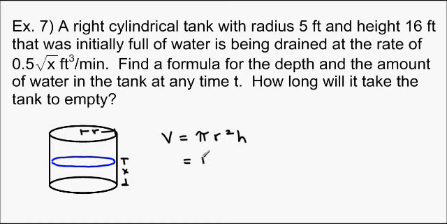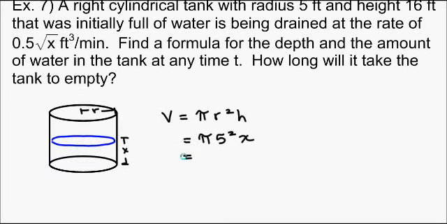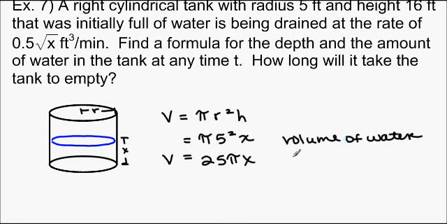So pi 5 squared h, or not h, sorry. Our height at our time is x. So volume is 25 pi x. So this is the volume of water in the tank.